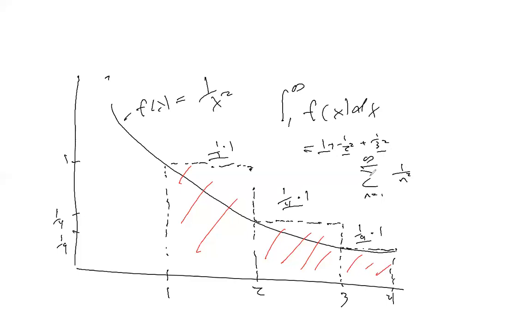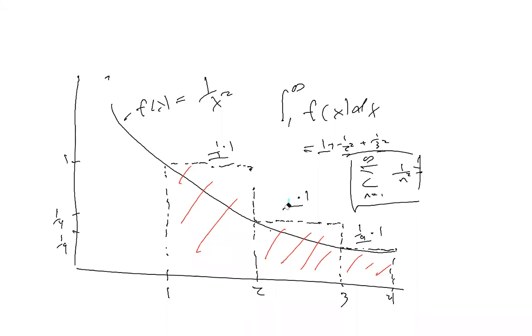Okay. So I add up all these rectangles, and I get this approximation to my area under my curve, my integral. I get this, 1 over n squared. Okay, so I have one approximation to my integral.